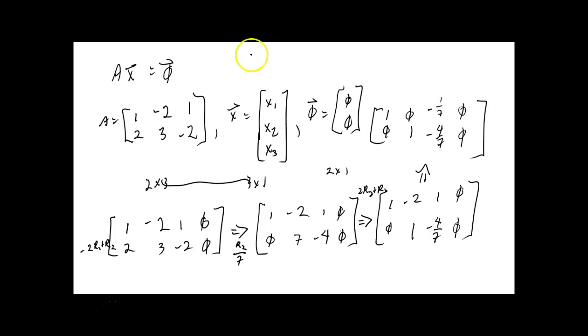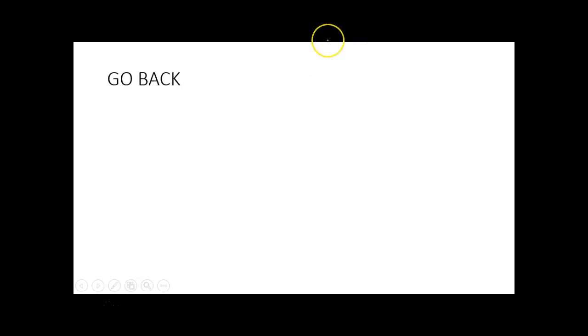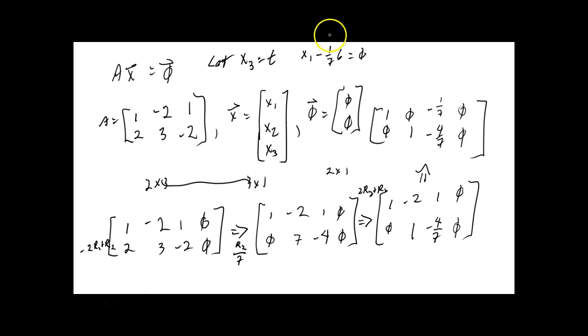So we'll let x sub 3 equal t. The first equation would then read x sub 1 minus 1/7 t is equal to 0. So that means x1 is equal to t over 7, adding 1/7 t to both sides.